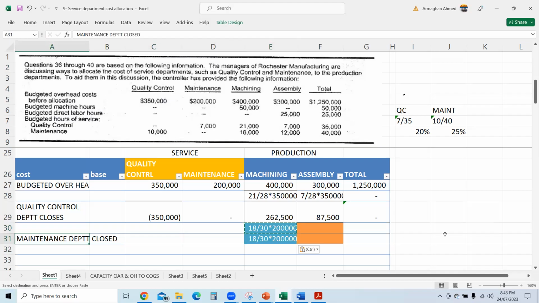That is 120,000. How will we allocate to the assembly department? 12 divided by 30 into 200,000, that is 80,000. Let's copy it.